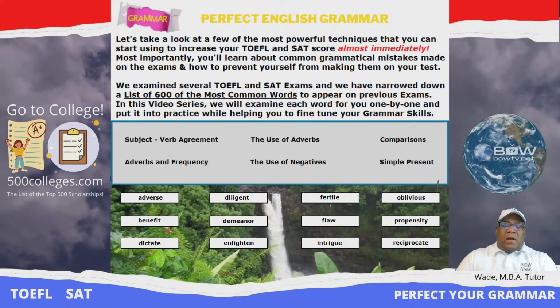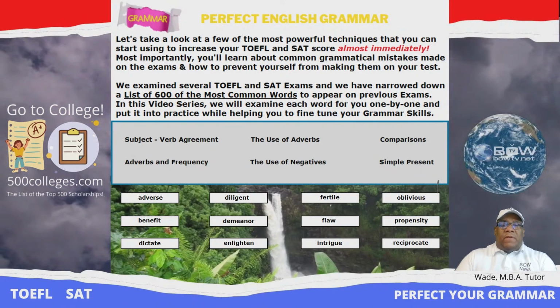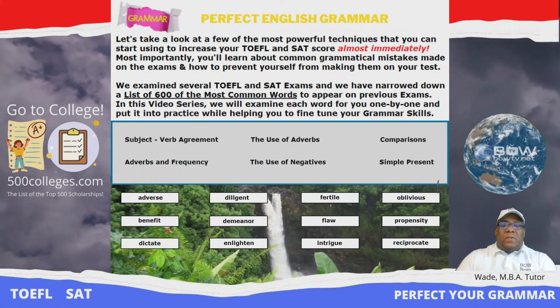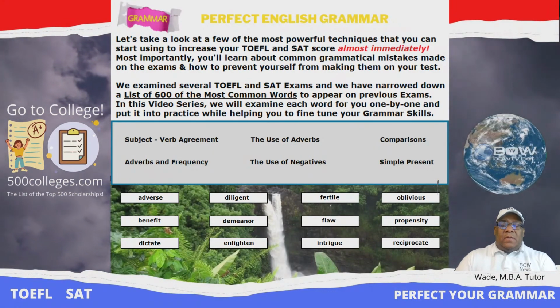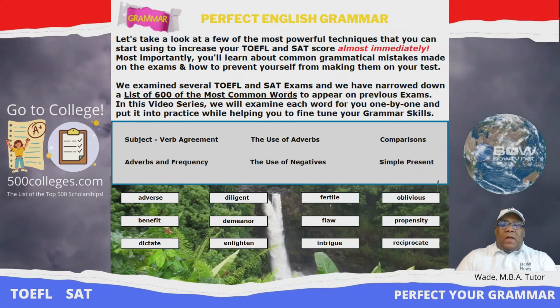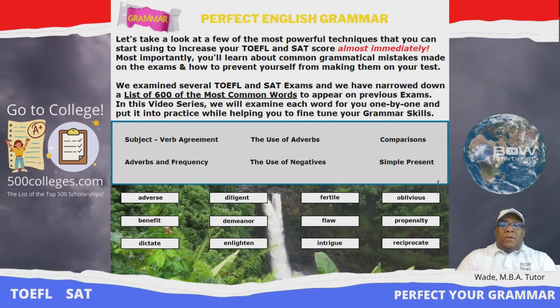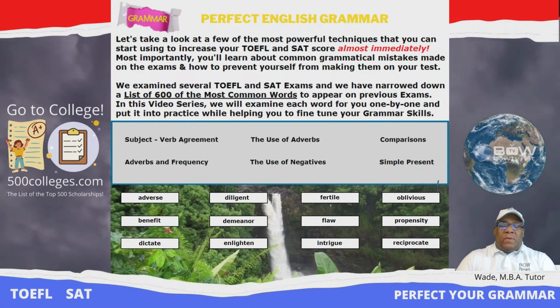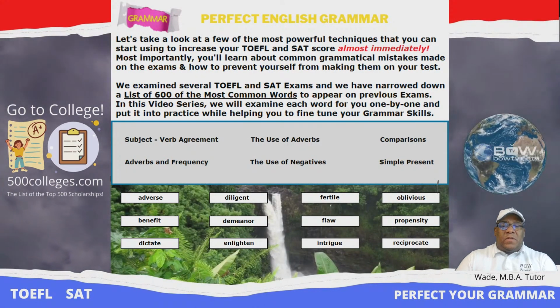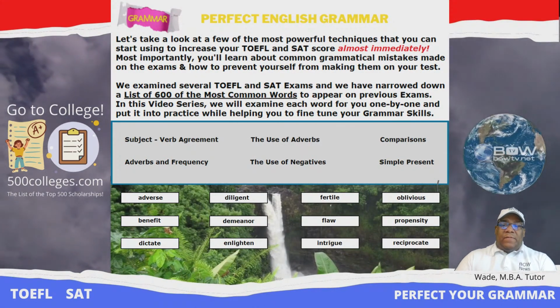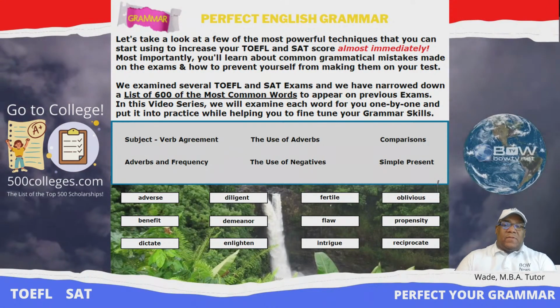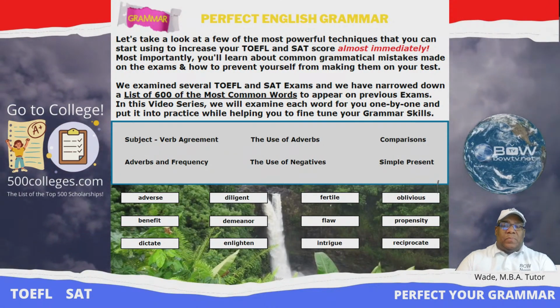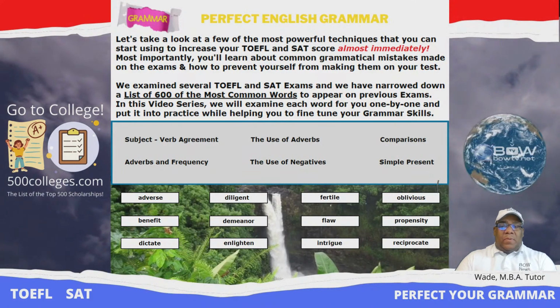So here we are at the beginning of Volume 1, Chapter 1, and we're going to be taking a look at six of the most prominent grammar skills: subject-verb agreement, adverbs and frequency, the use of adverbs, the use of negatives, comparisons, as well as simple present.